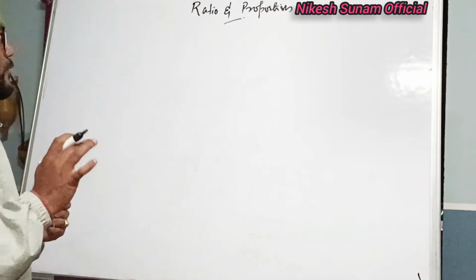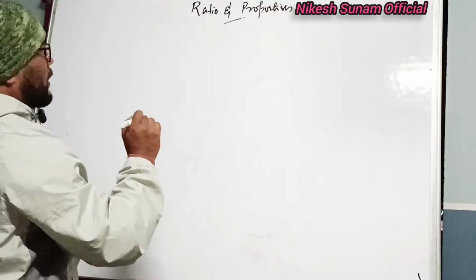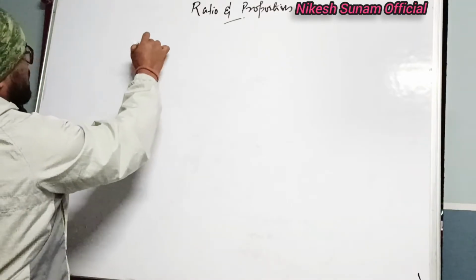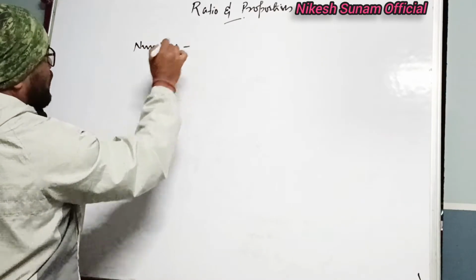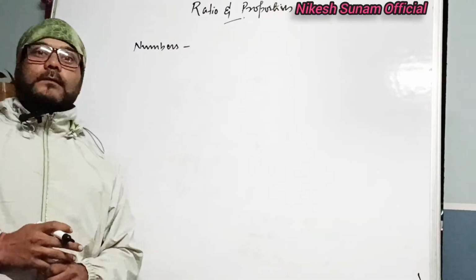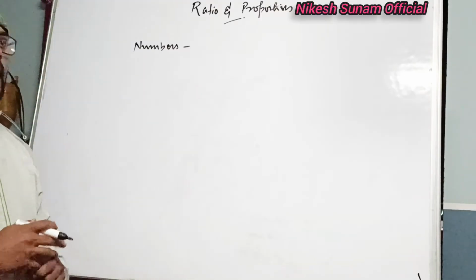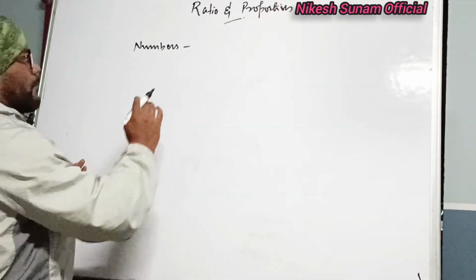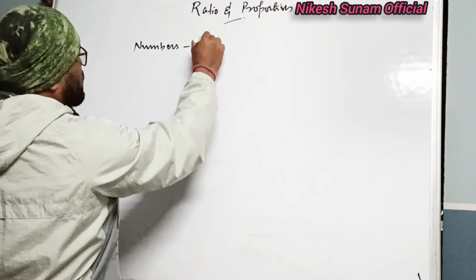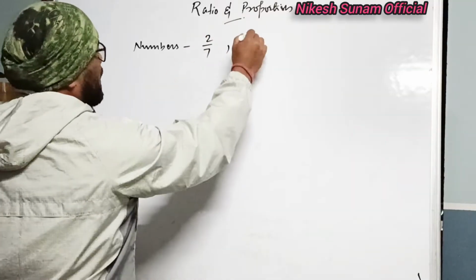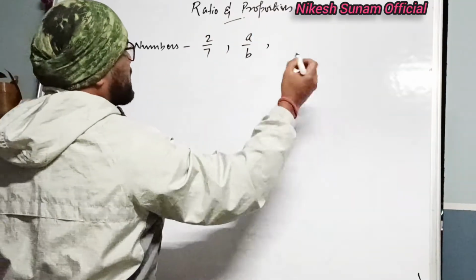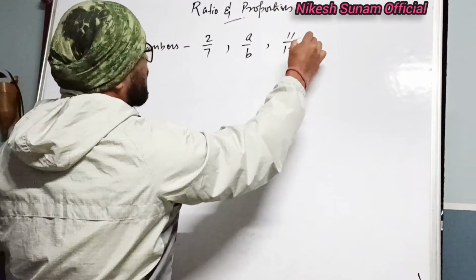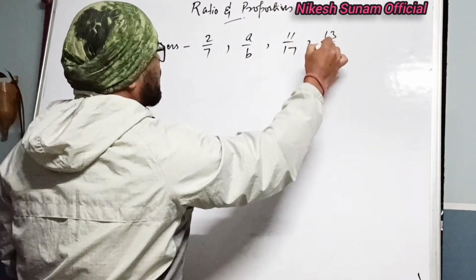Okay. So first of all, as we know, there are different types of numbers: whole numbers, natural numbers, real numbers, and integers also. And we have already understood about the fractional number, that is 2 upon 7. For example, a upon b, or 11 by 17, or 13 by 5.